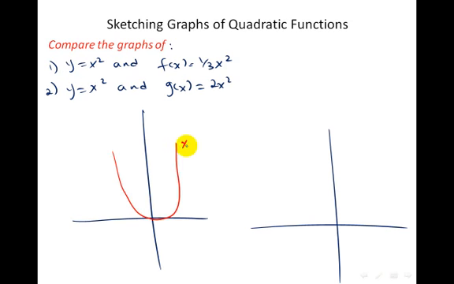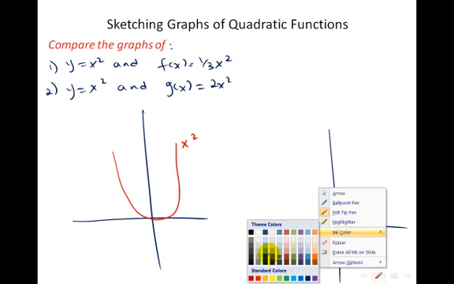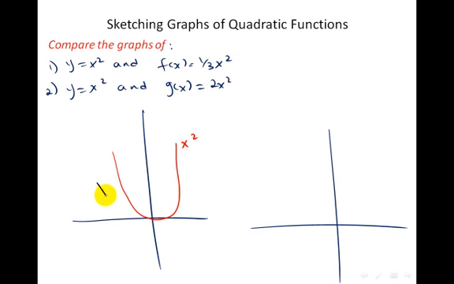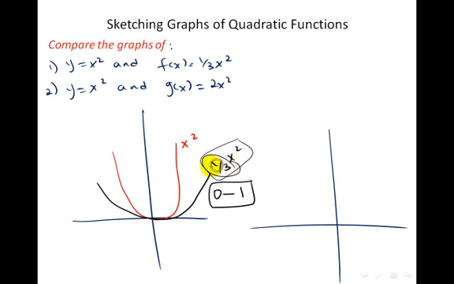This graph is for y equals x squared. What if you sketch the graph for 1/3 of x squared? It's going to be like this. Once you draw 1/3 x squared, it's going to be broader and shorter. To have a graph that is broader and shorter, you use a scale between 0 and 1. Numbers between 0 and 1 will make the graph broader and shorter. The graph shrinks here.